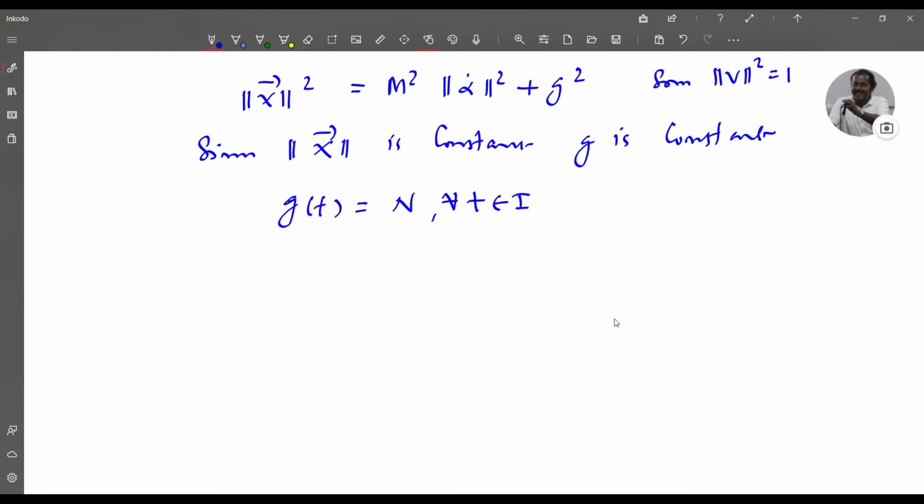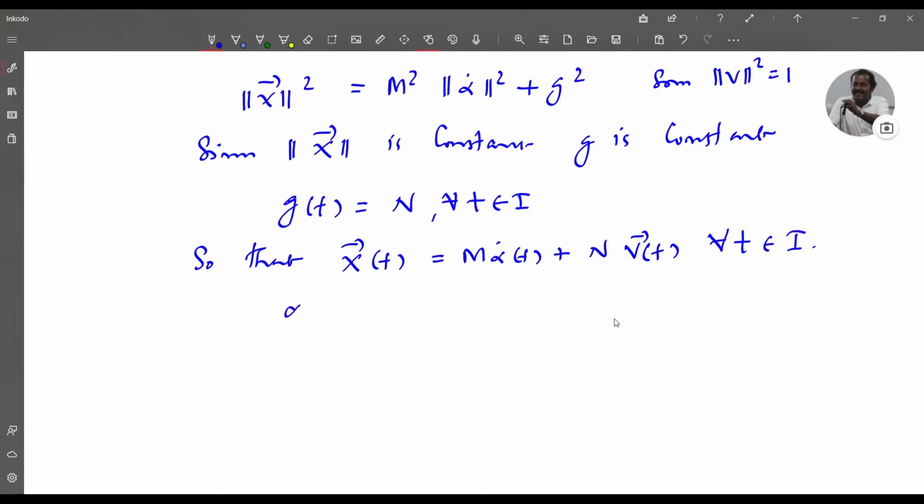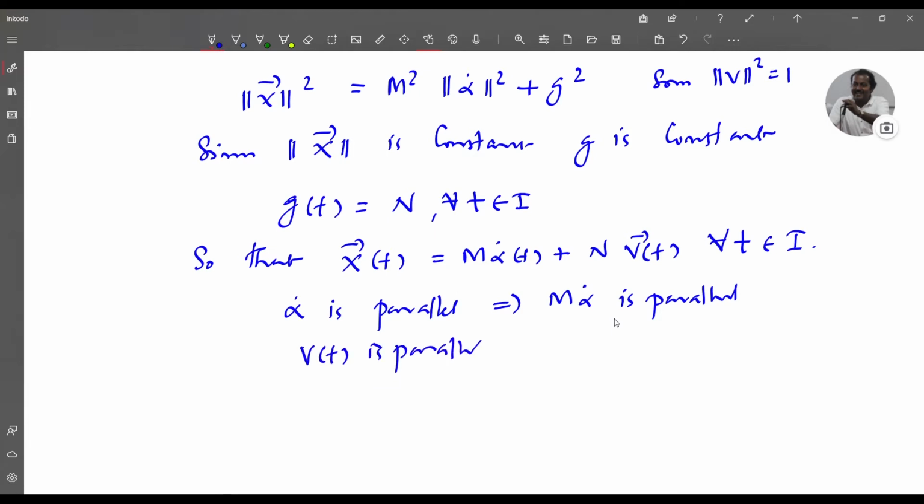So that x of t is equal to m alpha dot of t plus n v of t, where m and n are constants for all t in I. Now alpha dot is parallel, implies m alpha dot is parallel, and v of t is parallel, implies nv is parallel, where m and n are constant.